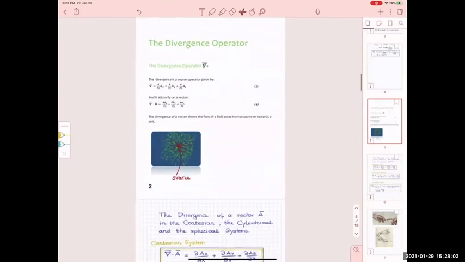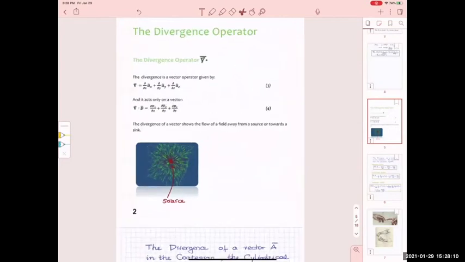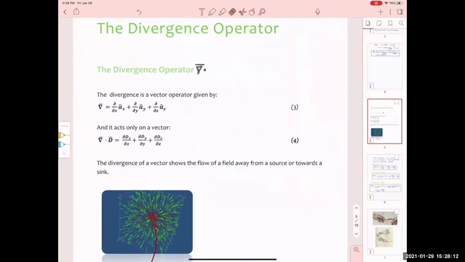So we talked about the gradient. The same del operator, when it applies like a dot product, as I have it here. And of course, since it's a dot product, it's going to apply on a vector. So the del operator, when it applies with a dot product on a vector, is called the divergence operator.